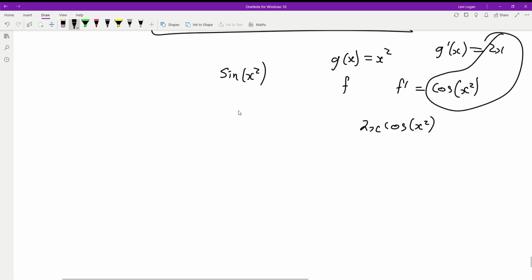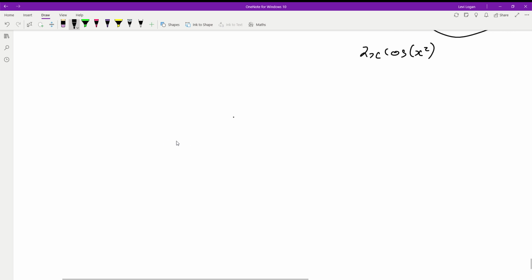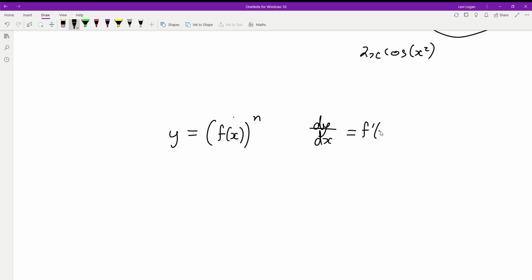So if we have, let's say, y is equal to f of x to the power of n, dy dx is going to be f dash of x times by n brackets f of x to the power of n minus 1. Okay? So it's chain rule there.